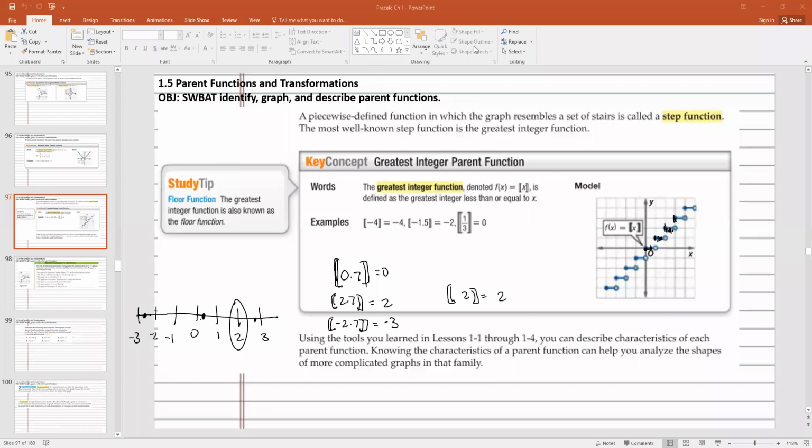So you're going to see these a lot in this section, but later on, not too much. And again, you'll see this in business classes. Put it in my notes. So that's the greatest integer function.